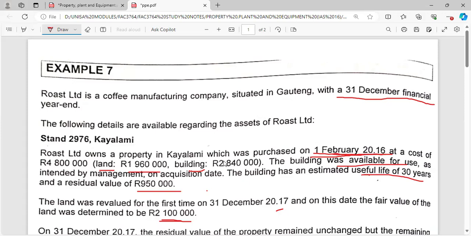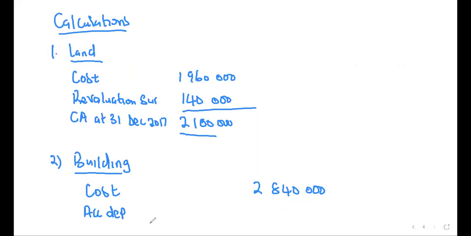The depreciation for 2016 is 11 months, and the useful life of the asset is 30 years. I always prefer to do it like this, with the useful life of 30 years and the residual value. Let me remove this so that I have enough space.